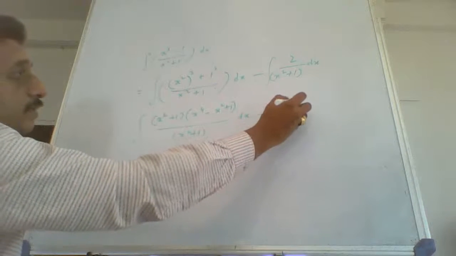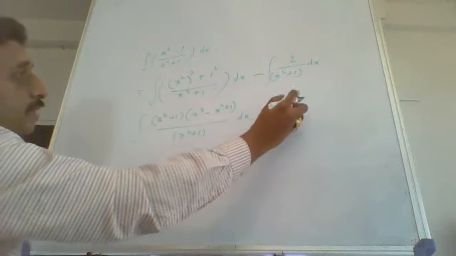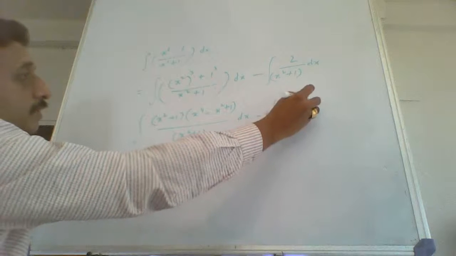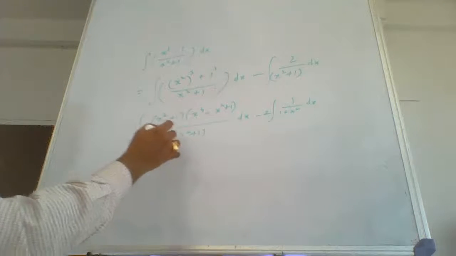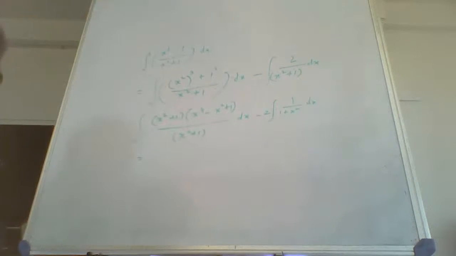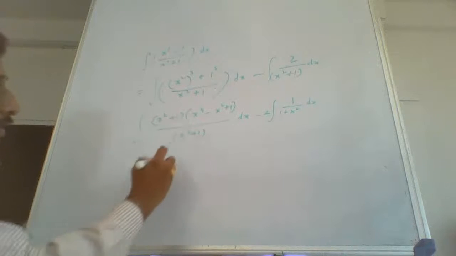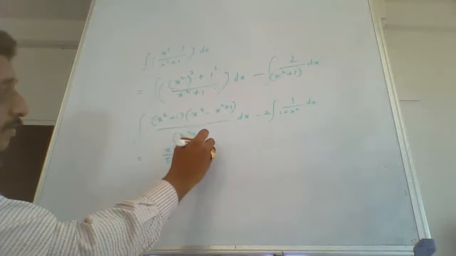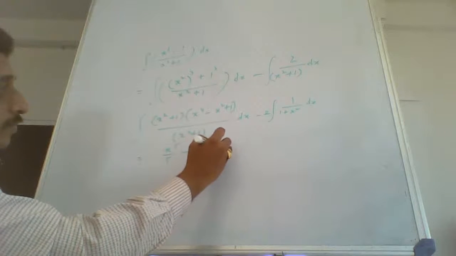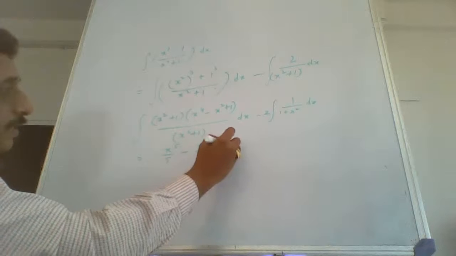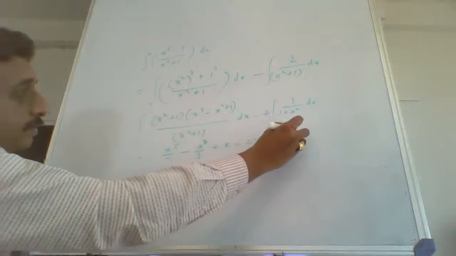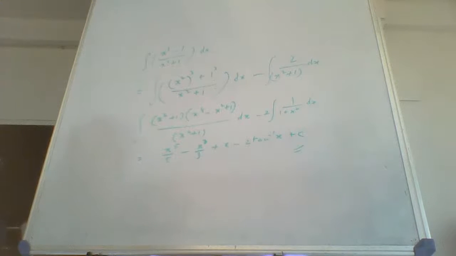This will be the same because I have this result for this 1 plus x square dx. So these two get cancelled. So directly I'll put x power 5 by 5 minus x cube by 3, plus x, and this will be 2 tan inverse x plus c. So this will be the solution for this integral.